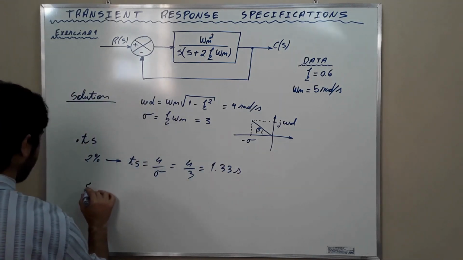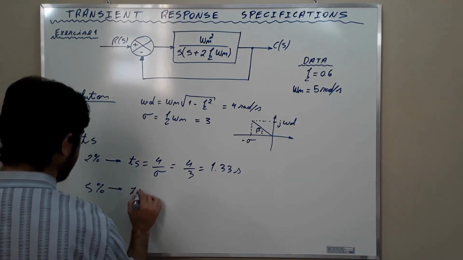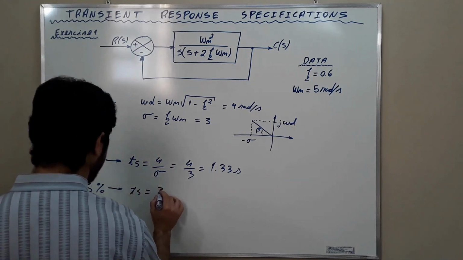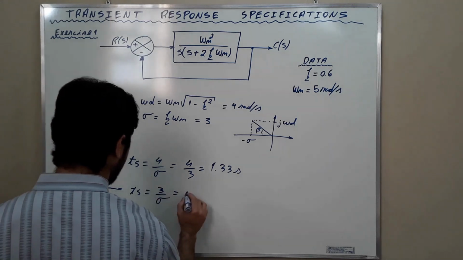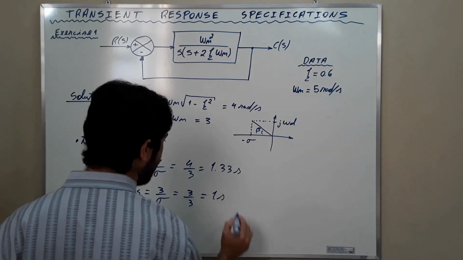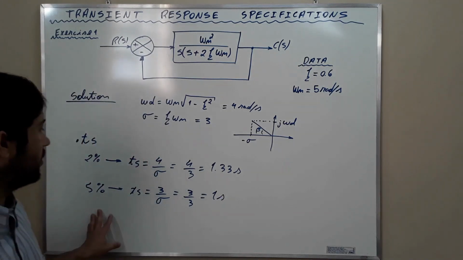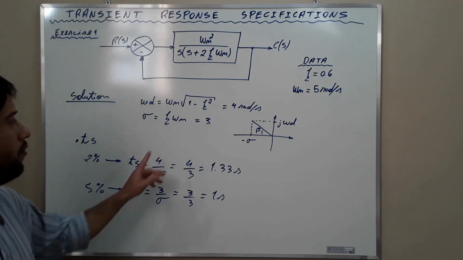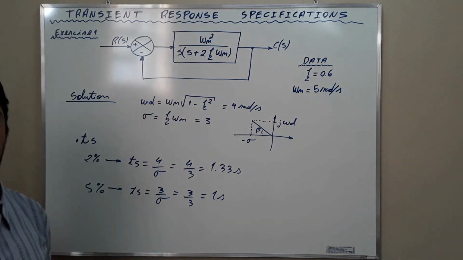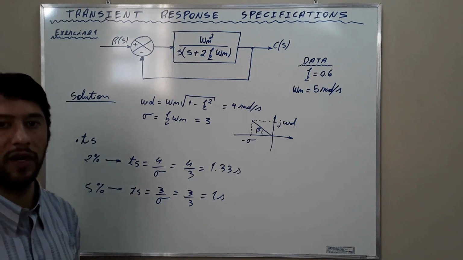And for the 5% criterion, we find that Ts is equal to 3 over sigma, which is 3 over 3, which is 1 second. Okay, my friends? This is the settling time for this control system. This is all for exercise 1.